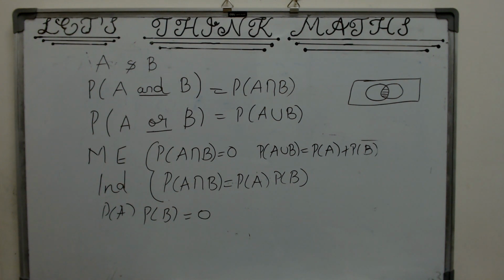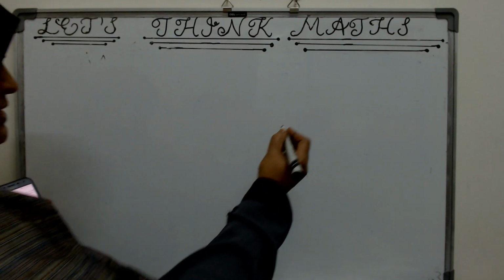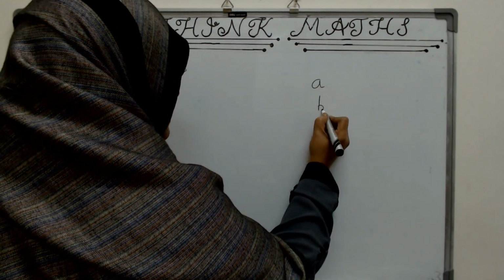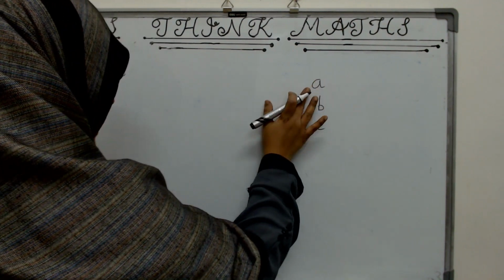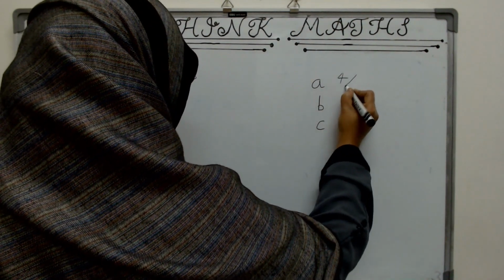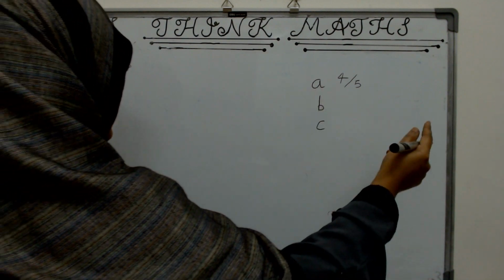Now we will start doing our questions. Here comes the first question. There is a shooting range. There are 3 people practicing there, and the probability of A hitting the target is 4 by 5. Then what will be the probability of A missing the target?